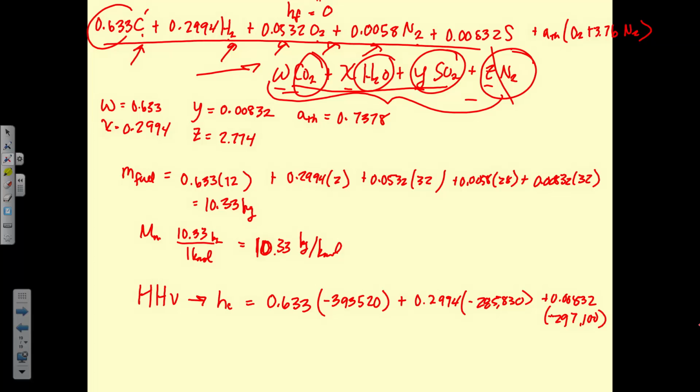That's the value they give us in the problem. So the enthalpy of combustion for the higher heating value is negative 337,147 kilojoules per kilomole.